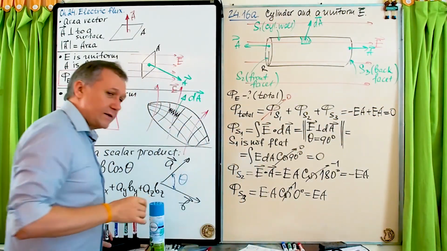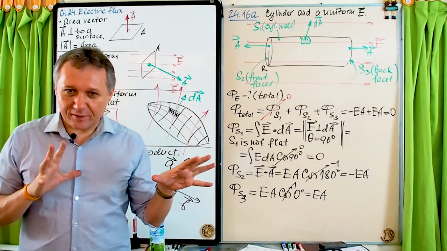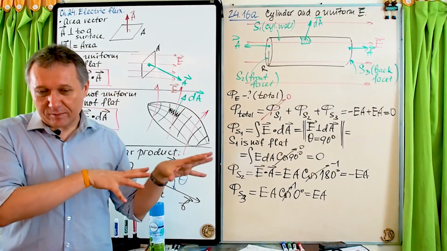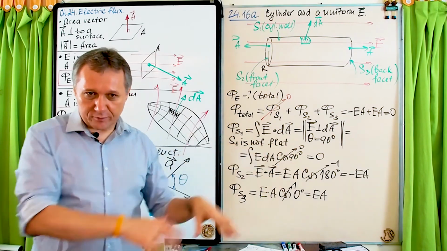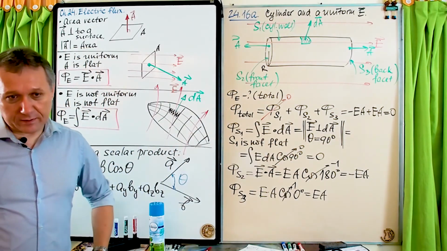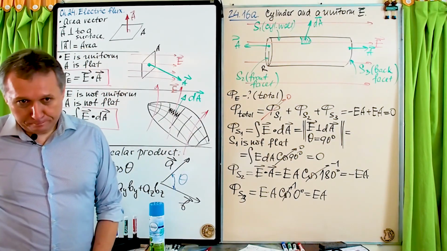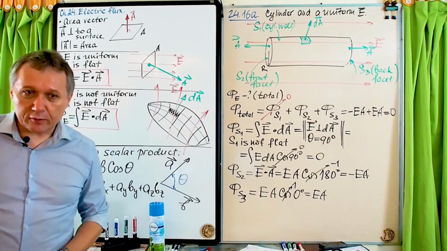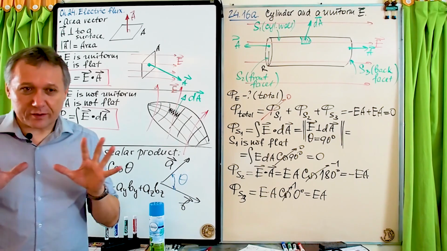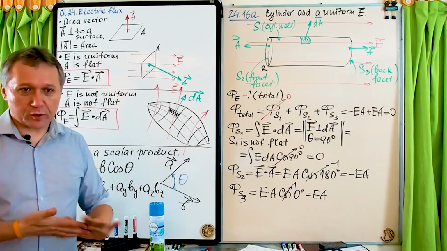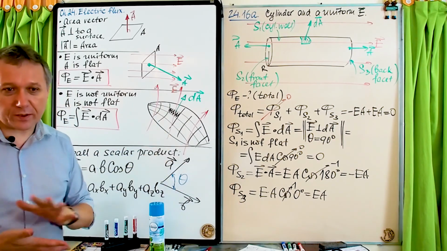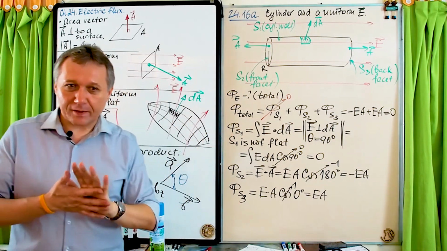It means exactly the same number of electric field lines entering this cylinder and exactly the same number of electric field lines leaving this cylinder. There will be a very similar problem in your homework, part B. So of course you will have to repeat this one more time, part A, and there will be part B.